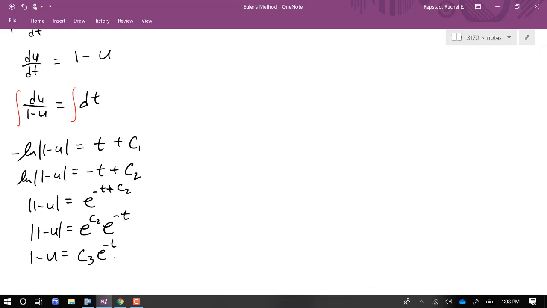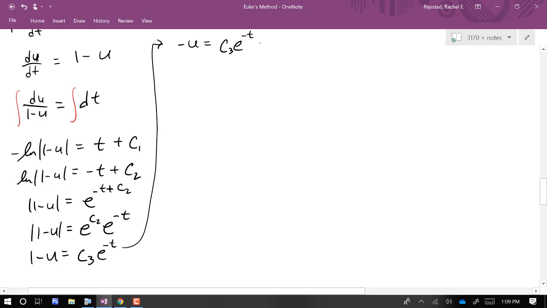Got a little ways to go because of course we want a solution for x and not 1 minus u. So I'm going to just rearrange this to solve for u first. So negative u is c3 e to the negative t minus 1. I'll zap both sides with a negative so that u is negative c3 e to the negative t, and as you might predict, I'm just going to call that a new constant, c4.